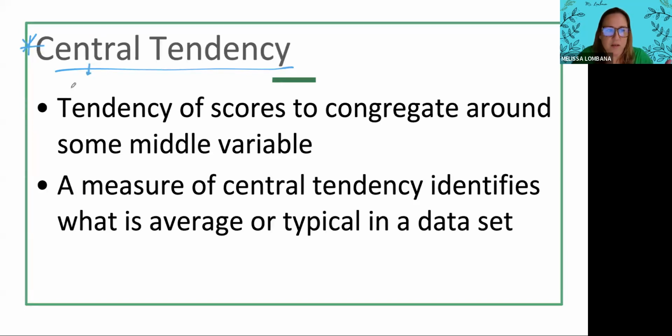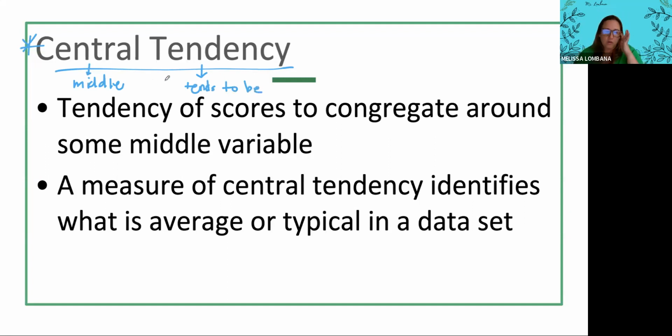So central is basically the middle, right? Write this down under your notes: central is the middle, and tendency is basically where it tends to be, where it tends to land. Some people use other synonyms, whatever works for you. We'll talk about it more in class.